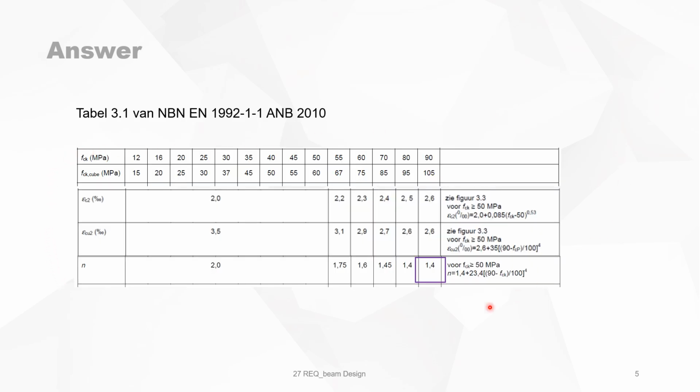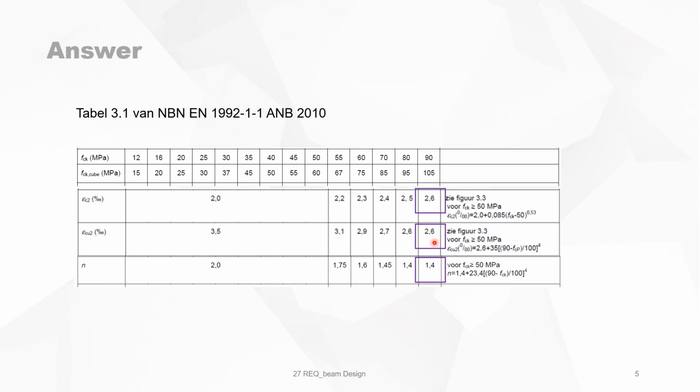When we look at the concrete tables, or the different parameters of the concrete as a function of their concrete grade, you will see that for C90/105 the strains epsilon_c2 and epsilon_cu2 are the same.